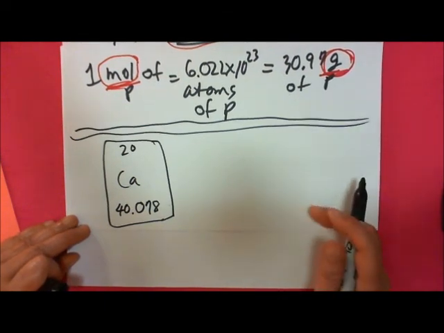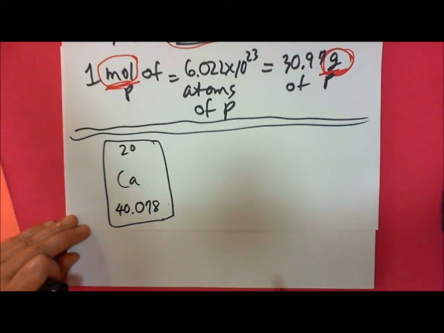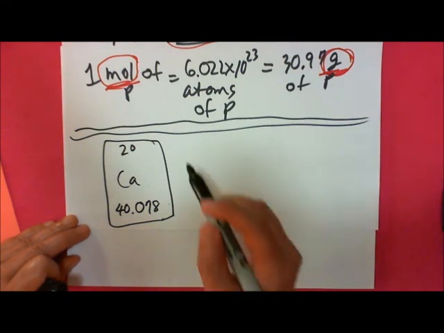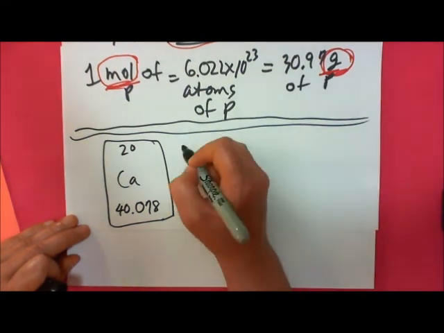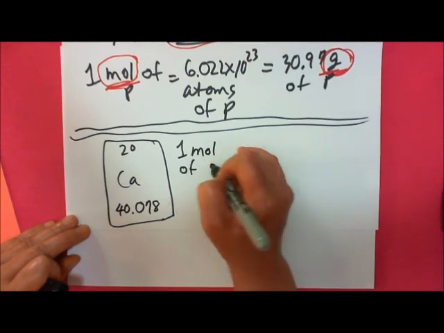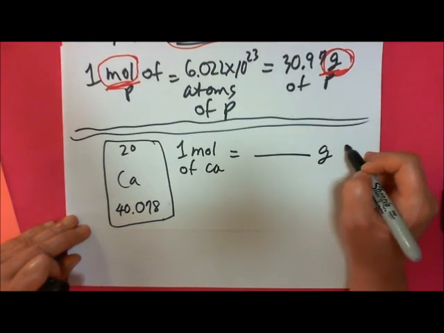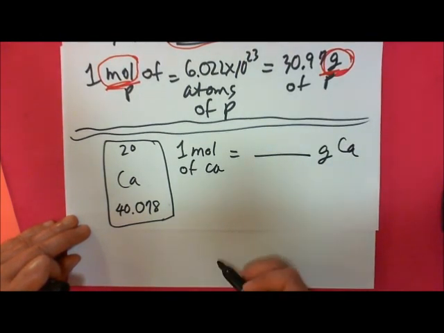All right. So knowing what we know about phosphorus and our definition for the mole based on carbon-12, I can ask the same sort of question. For 1 mole of calcium, how many grams of calcium do I have?